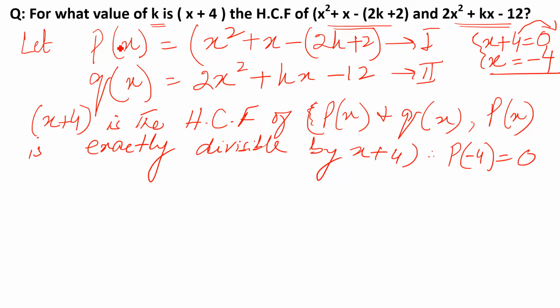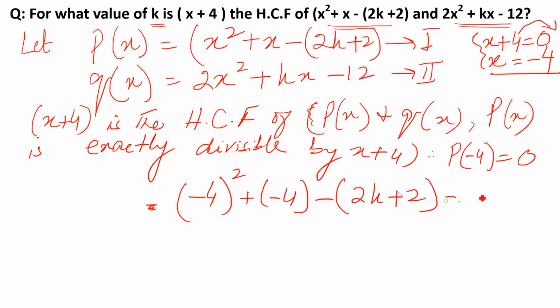So simple. In the first expression, wherever you see x, just put minus 4 there. It will be minus 4 square plus minus 4 minus 2k plus 2 equal to 0.